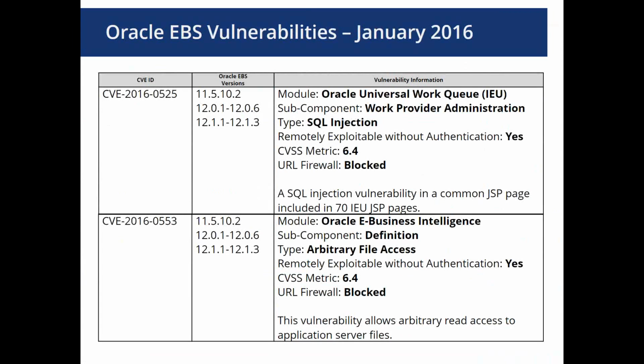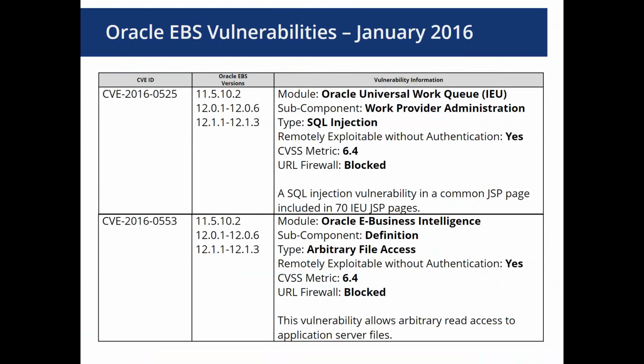Well, the vulnerability is in just one page, but any of those 70 pages that I call can be exploited. So even though there's one little bug, it can cascade to many, many different pages. So that's, again, a SQL injection vulnerability that we demonstrated previously that's in many different pages, even though it's in a common page. Oracle just had to fix one file, and it fixed it in many different places.